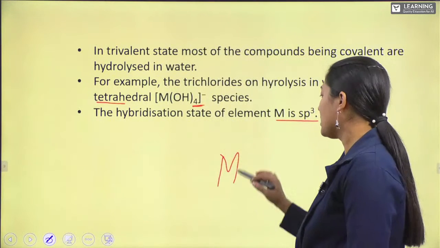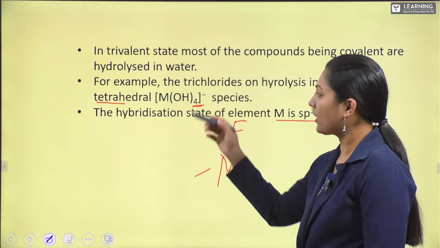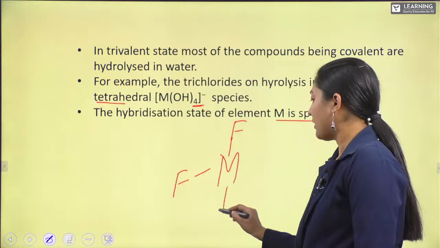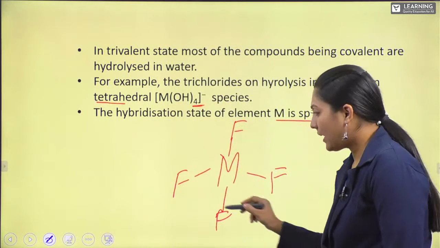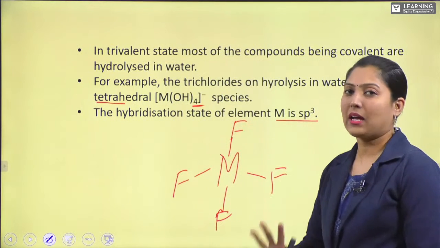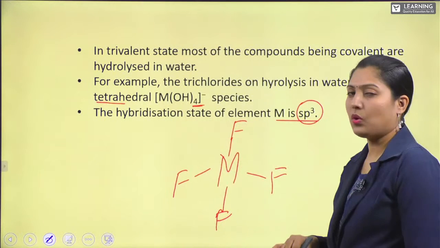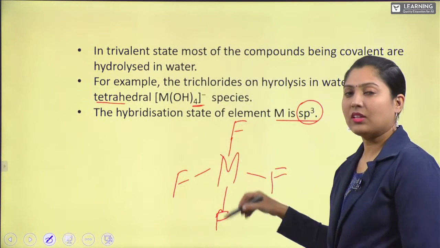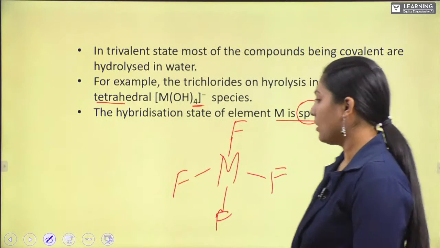Whether it is fluorine, chlorine or OH, if they are having 4 here, there should be a hybridization having 4 hybrid orbitals. So we have 3 plus 1 which gives you 4. So this atom will undergo hybridization with sp3 hybrid orbitals.